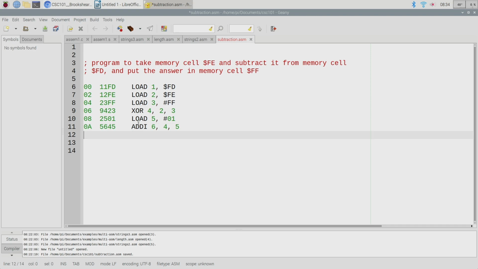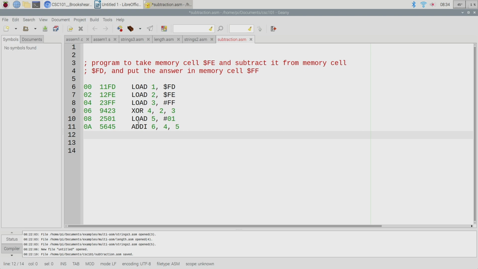Okay, so now what is sitting in register 6? It's the result of flipping the bits and adding 1. Isn't that what we called the negative? Okay, so if I wanted to subtract the value that was in memory cell FE from memory cell FD, we've just computed the negative of whatever was in cell FE.